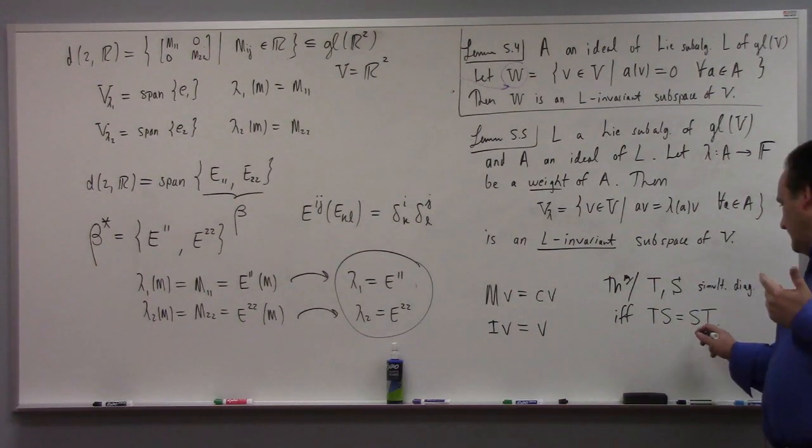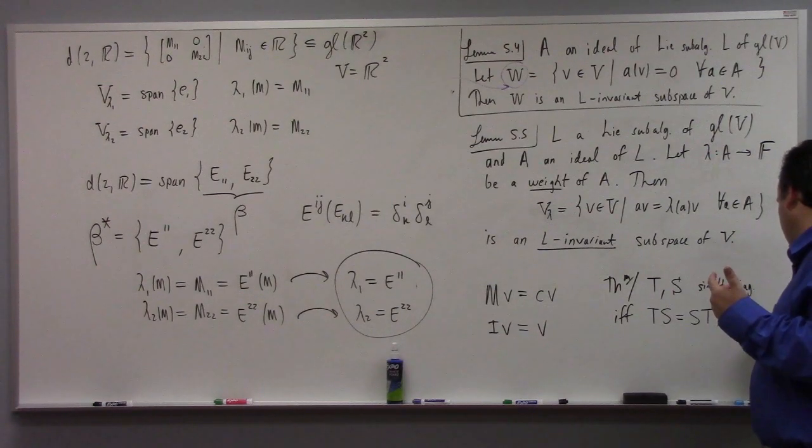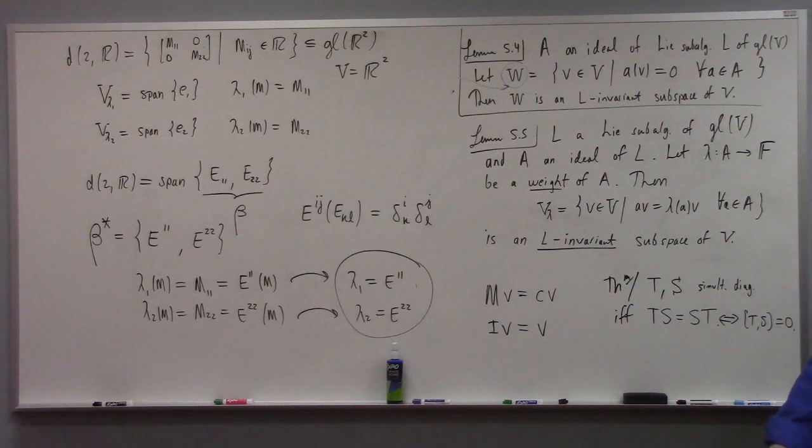Which of course we could understand as being that the commutator is 0, right? And I think this invariant lemma is replacing 0 with a what?